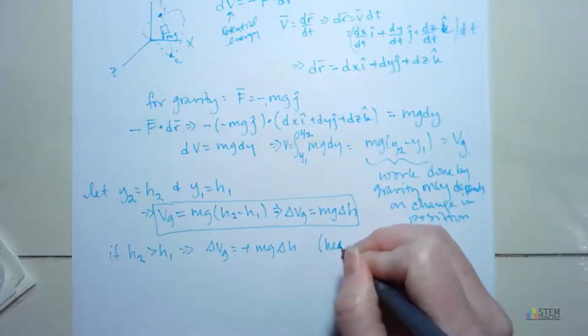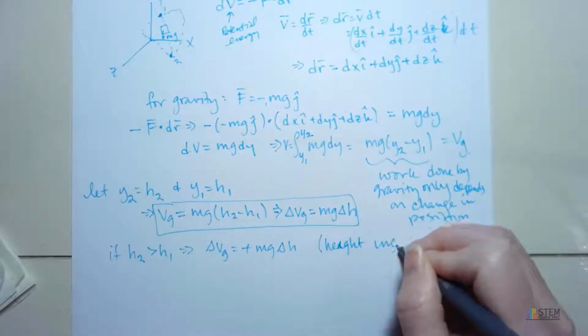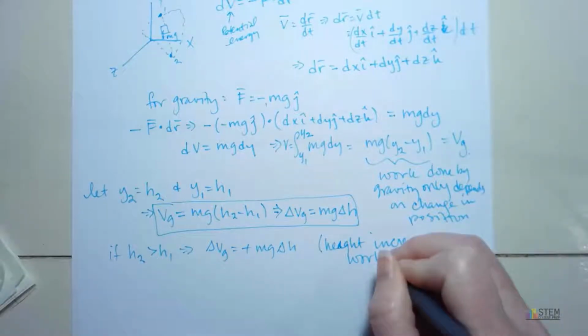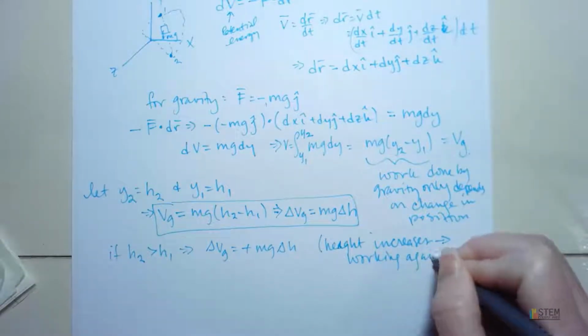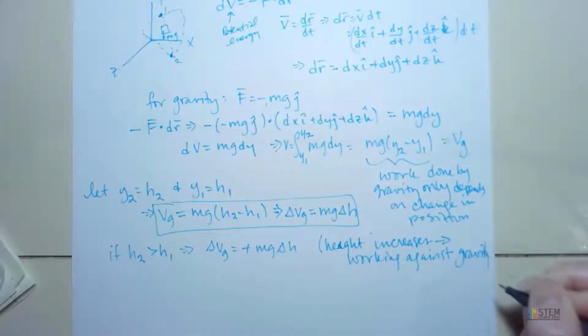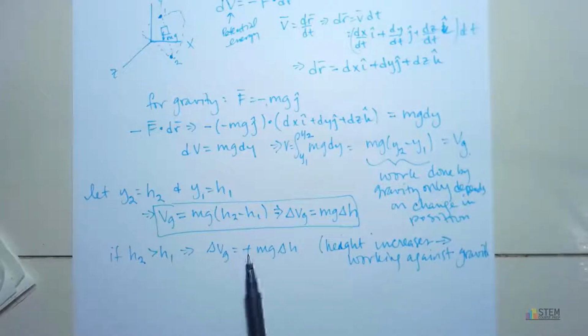So here our height increases, and we're working against gravity. All right, so we're going to have a positive potential energy. So the way I always think about it, I'm not sure if it's 100% correct, but this is the way I think about it. If we're increasing our altitude, I'm getting more height. I have more potential to do energy, right, because I'm higher up.